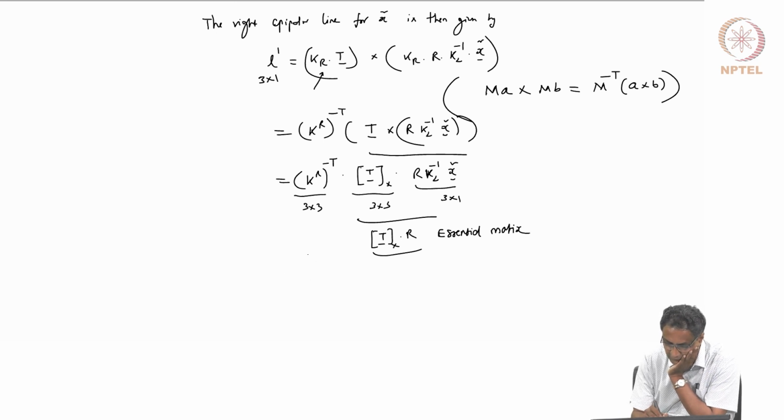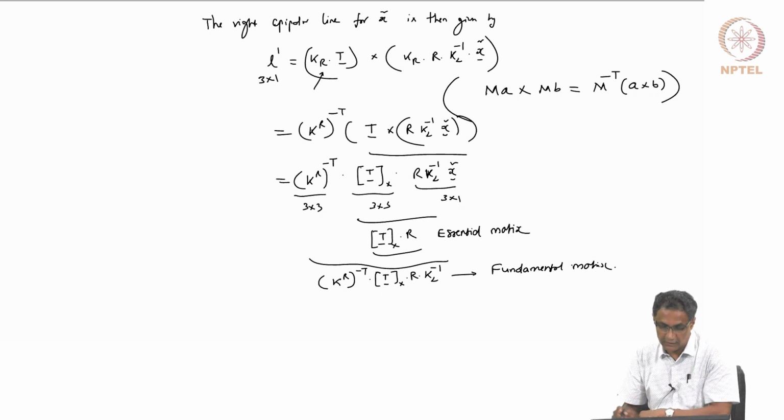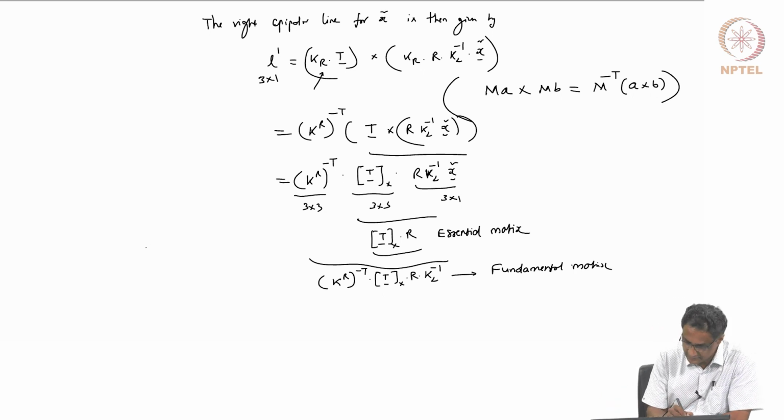Whereas this product, which is like KR minus T, T R, KL inverse, is called the fundamental matrix. Or in other words, you can write this as L dash is equal to the fundamental matrix F multiplying x tilde.